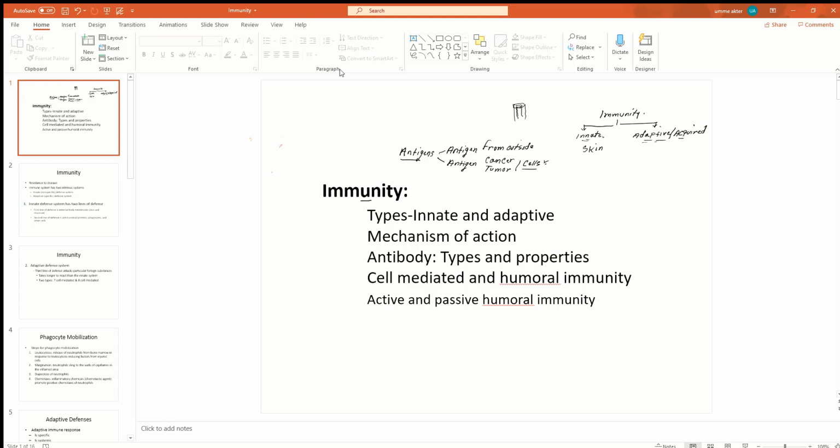So that mucosa, the inner lining of the respiratory tract, will also try to stop those microorganisms that try to enter through the respiratory tract. Make sense? So mucosa of the respiratory tract.